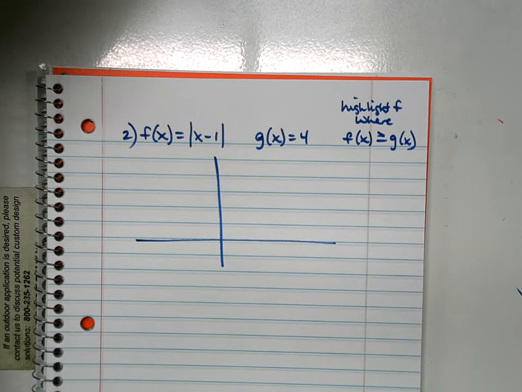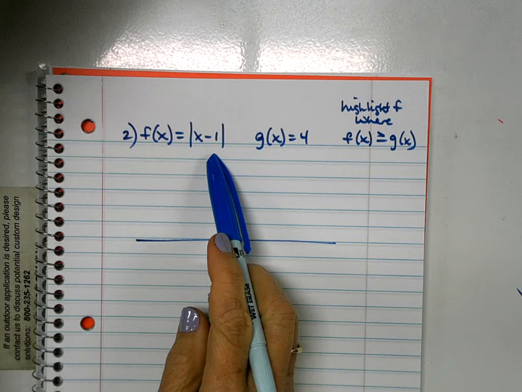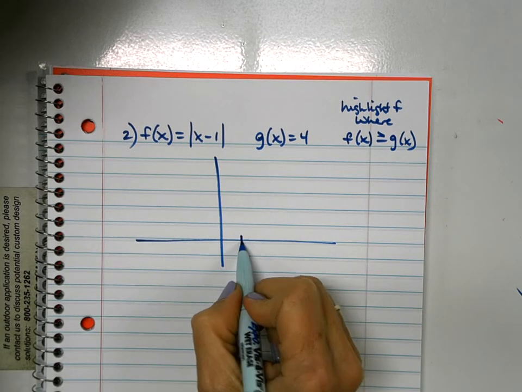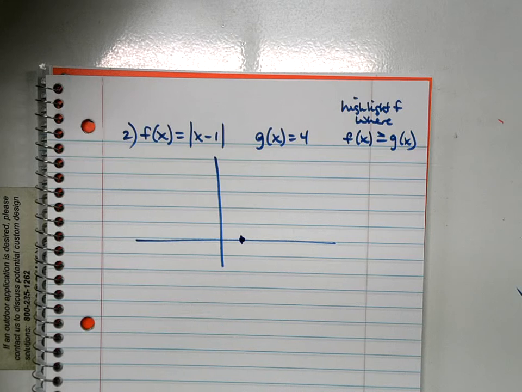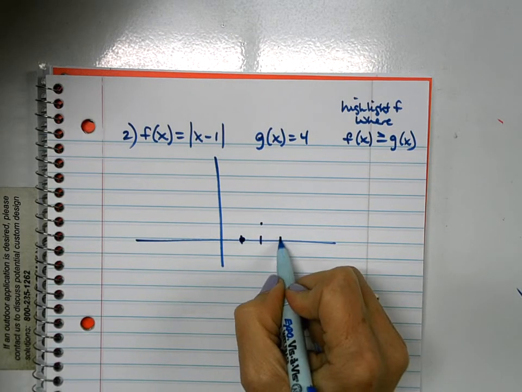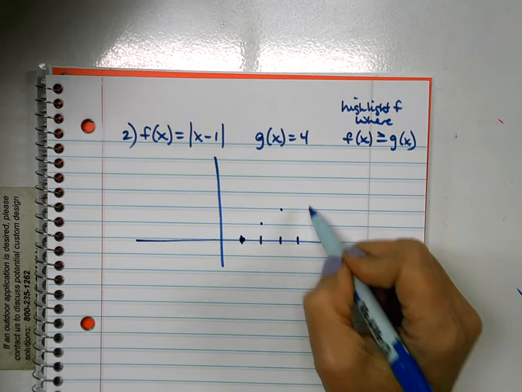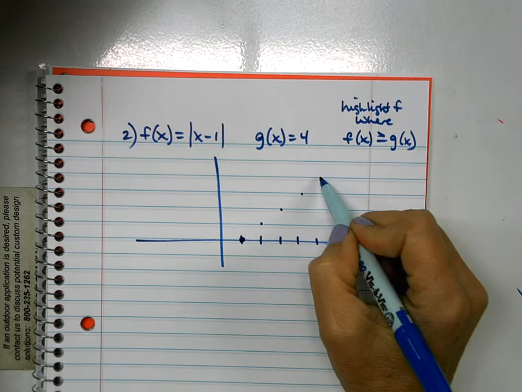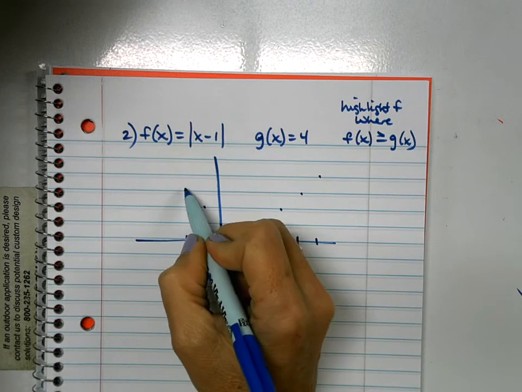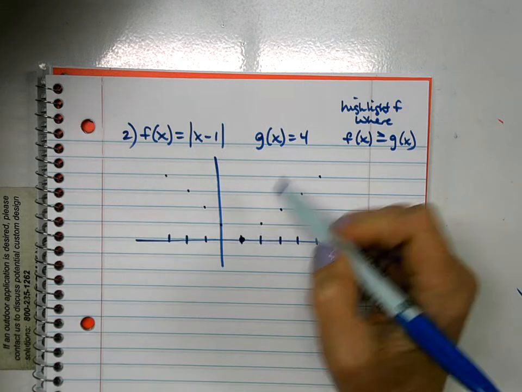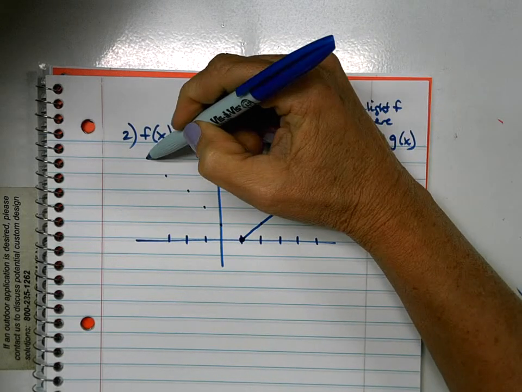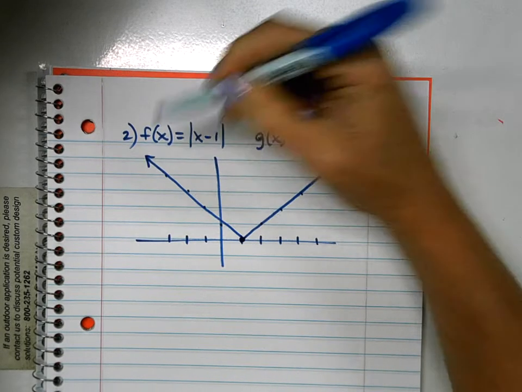Okay, which way are we shifting this graph? Right one. Okay, so I'm going to shift it right one right here. And then it has a slope of 1, so I'm going to go up 1 over 1. We'll call him f.